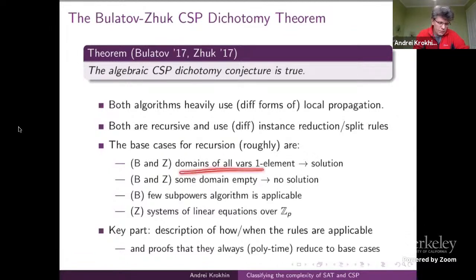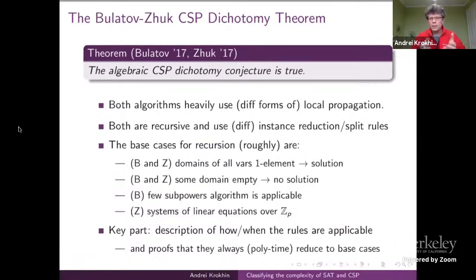So the base cases for recursion roughly are as follows. Well, if all the domains of all variables are reduced to singletons, then you just have a solution. If some domain is empty, then you have no solution. In Bulatov's case, one of the base cases was when the few subpowers algorithm from the previous slide is applicable. So if you have this case, then you just apply the algorithm and get the answer. And in Zhuk's case, it was systems of linear equations over Z_p.